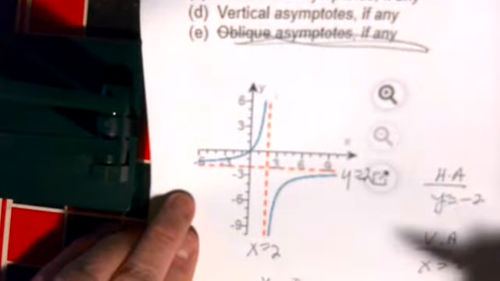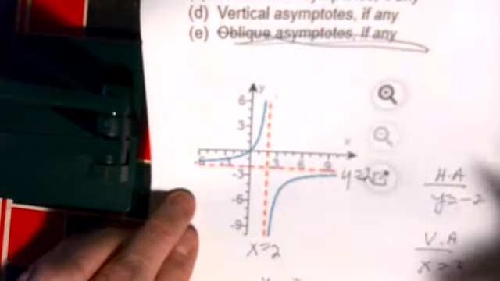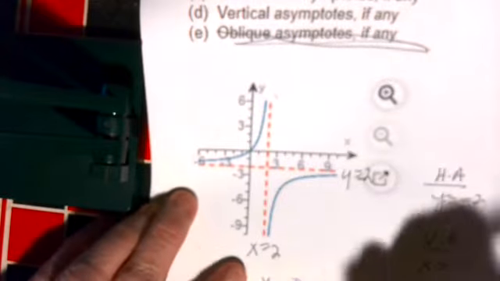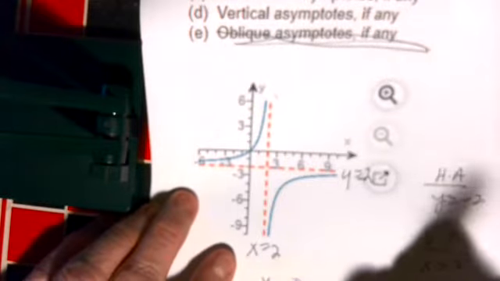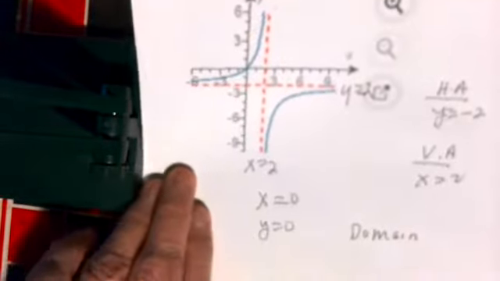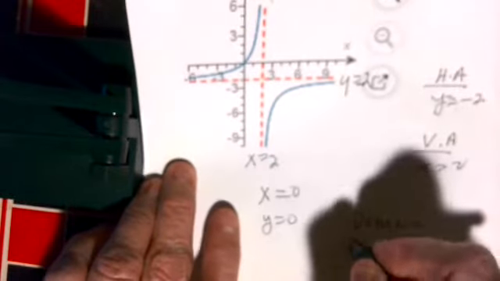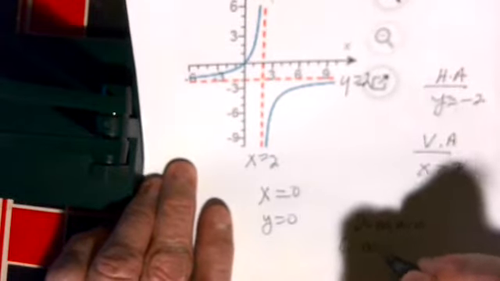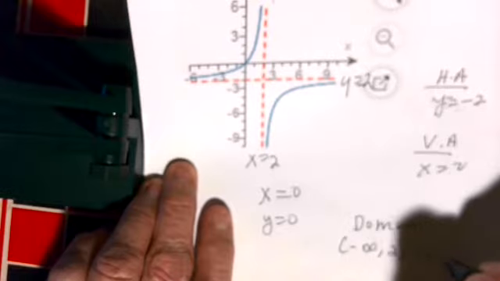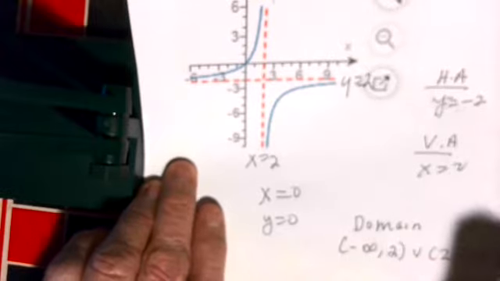Now, that was all they asked for. Oh, the domain and the range. The domain, well, we can't have x equal to 2. So it's from negative infinity to 2, union with 2 to infinity.